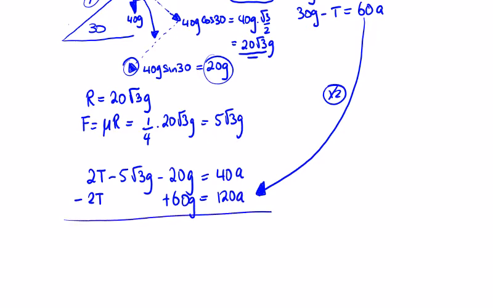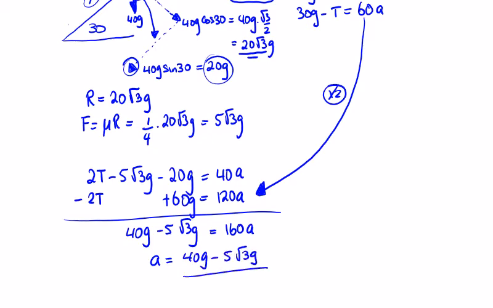And if I combine these two lines, I'm going to get 40G minus 5 root 3G is equal to 160A. So A is going to be this guy on the left divided by 160. So A is equal to 40G minus 5 root 3G divided by 160.